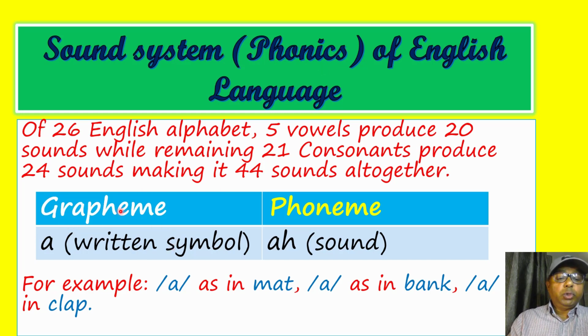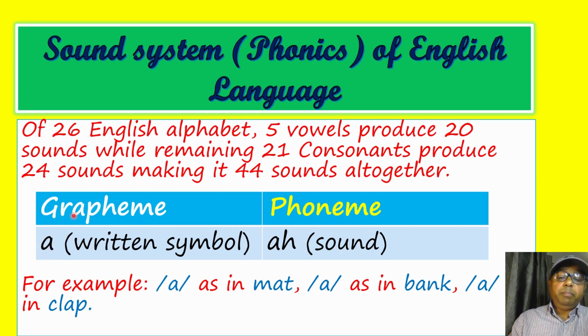I have tried to show you grapheme and phoneme. The name of the letter is A and the sound that it makes is A. So that's the phoneme. And the written form of this letter is called the grapheme. So this is the letter that I have written here.